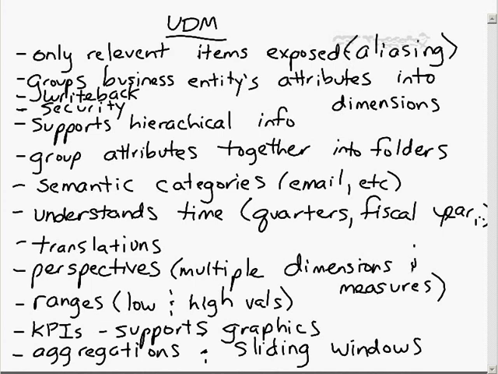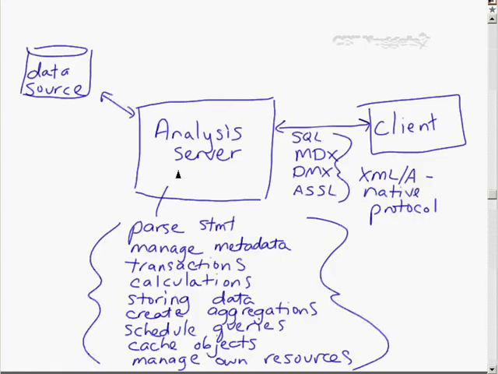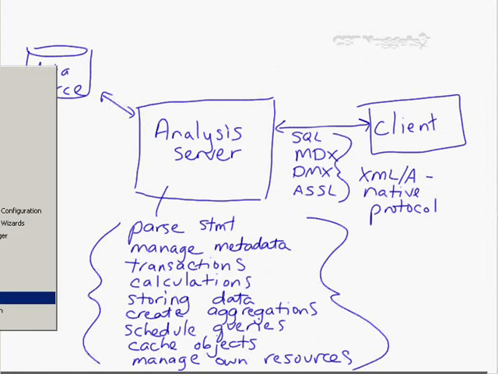I want to talk a little bit about the architecture of SSAS. Here we have the architecture of the analysis server. Keep in mind that you do have to have your analysis service up and running. So the way you do that is you simply go into your control panel, administrative tools, and then your services.